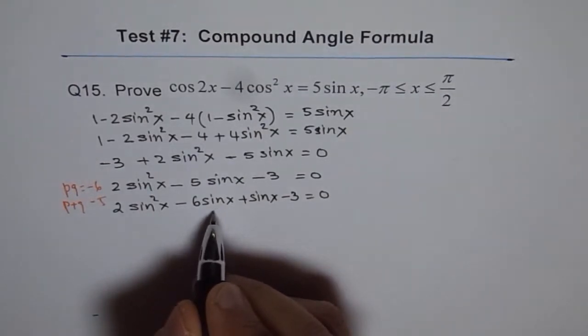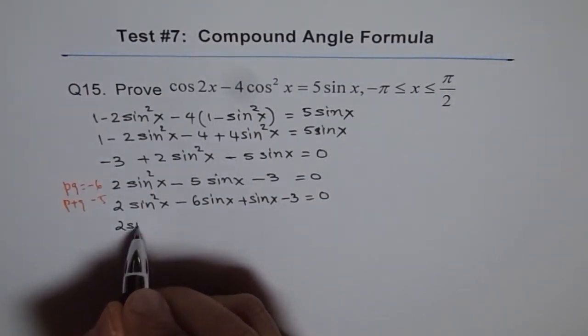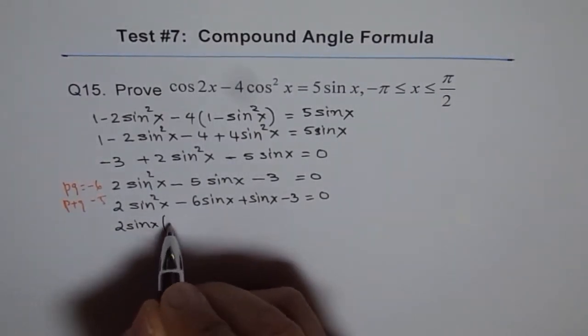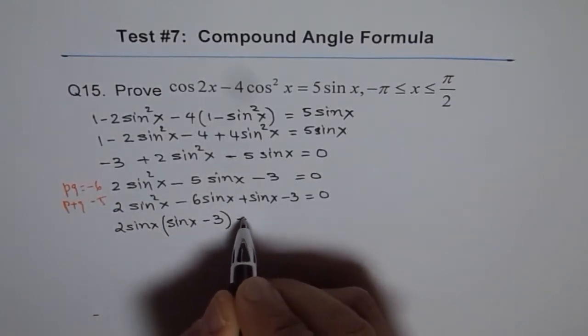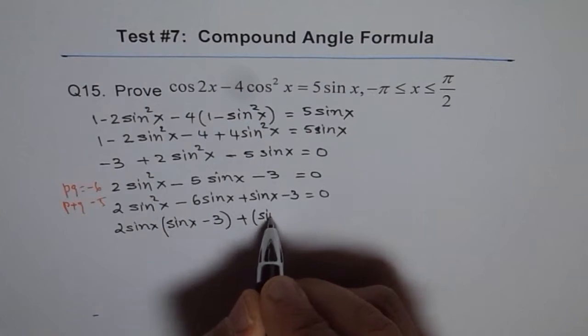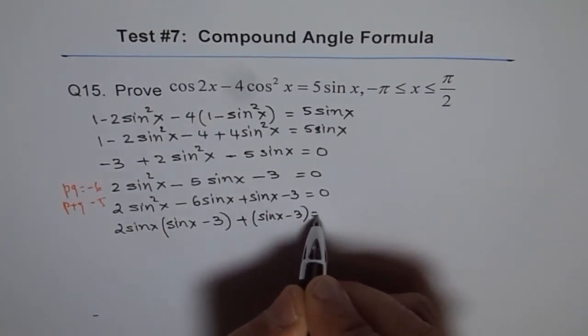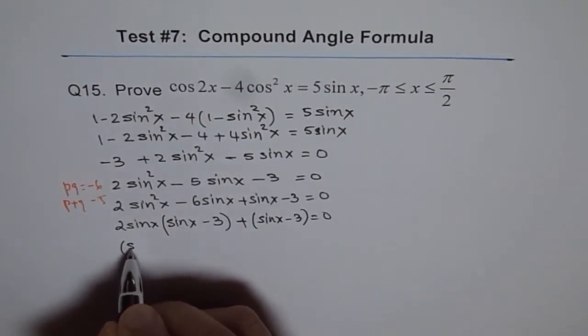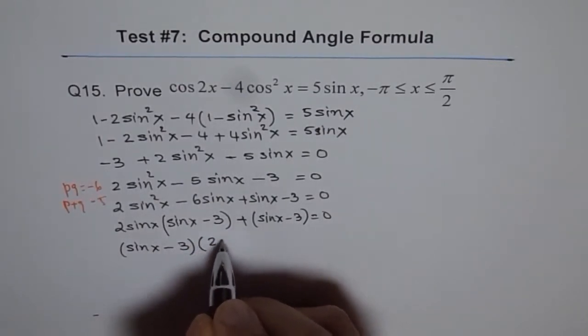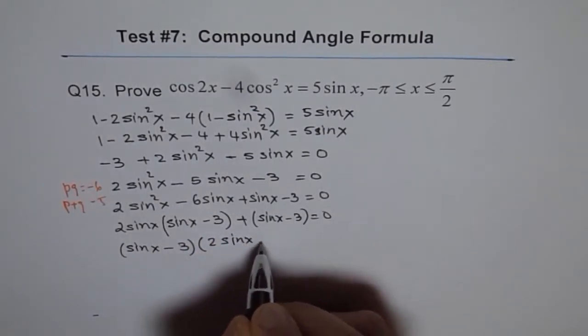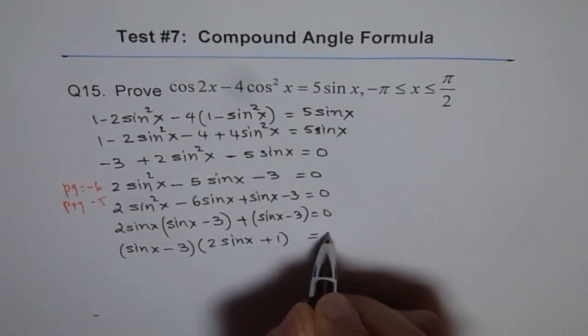Now we can take 2 sine x common, so we are left with sine x minus 3, plus sine x minus 3 equals 0. Now sine x minus 3 is common, and we have 2 sine x plus 1 equals 0.